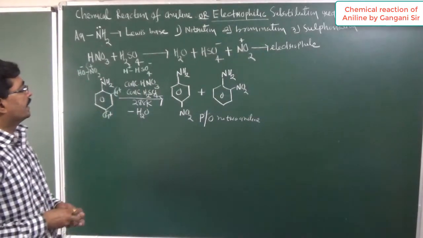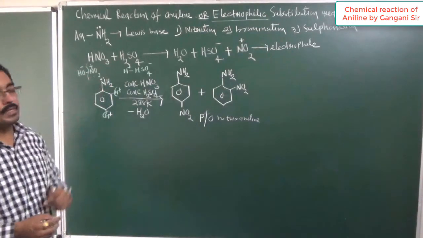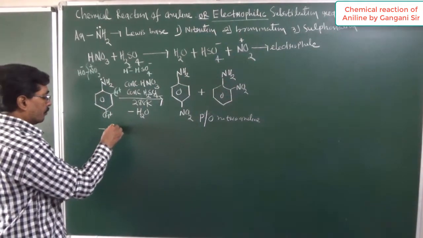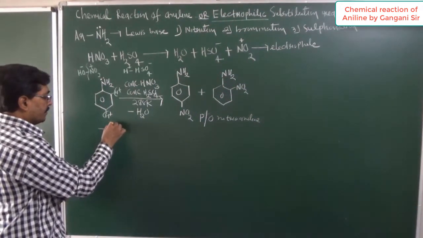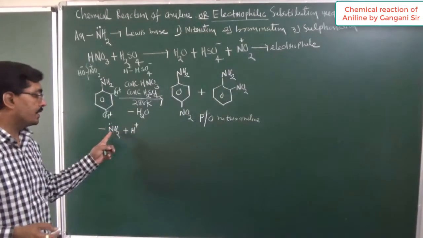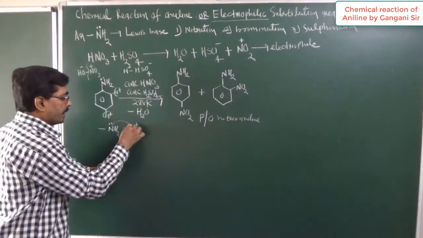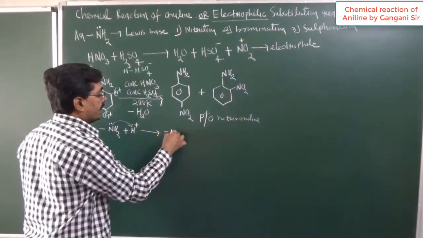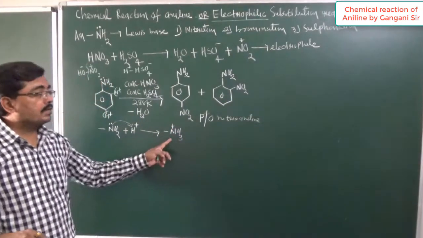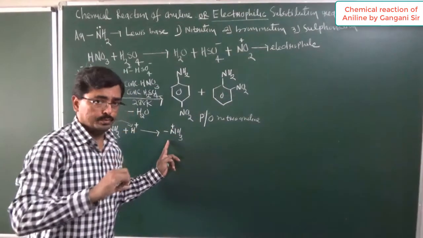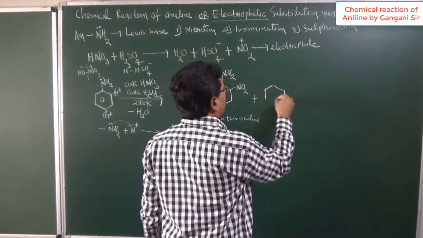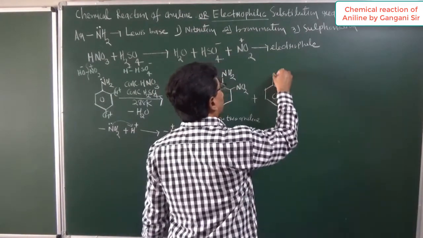Here we have taken an acidic medium. In acidic medium, this amino group reacts with H plus of acid because it is a Lewis base. It donates electron pair to H plus and converts into ammonium ion NH3 plus. And this ammonium ion is a meta-directing group. Therefore, with this we will get meta-nitroaniline.